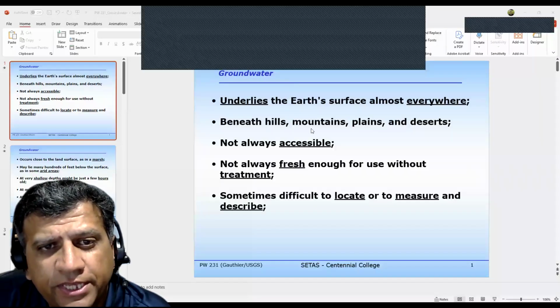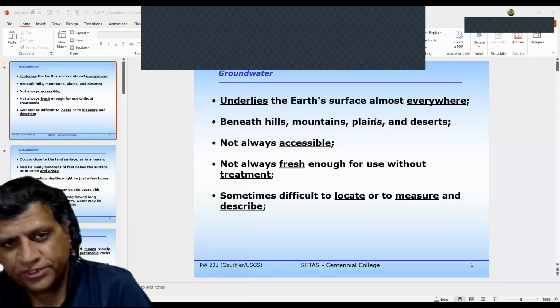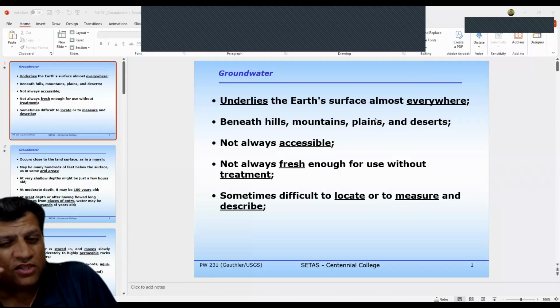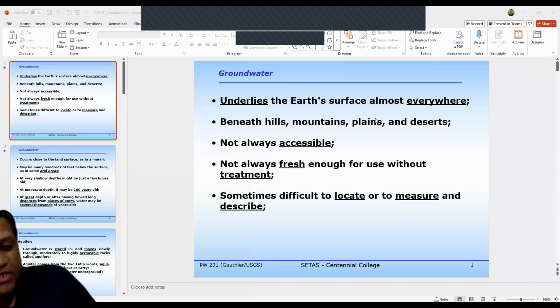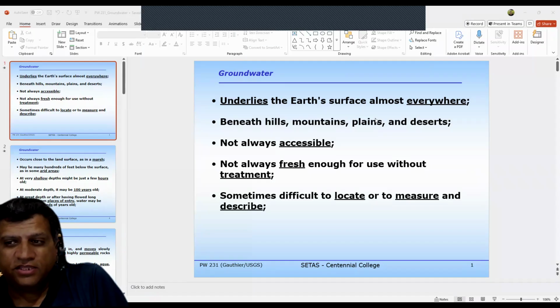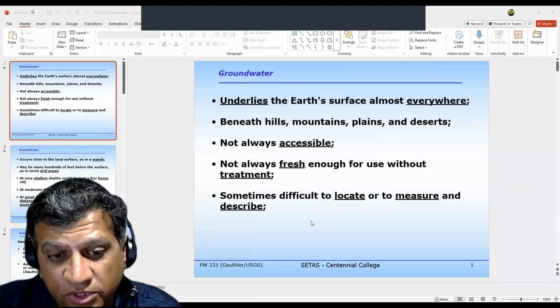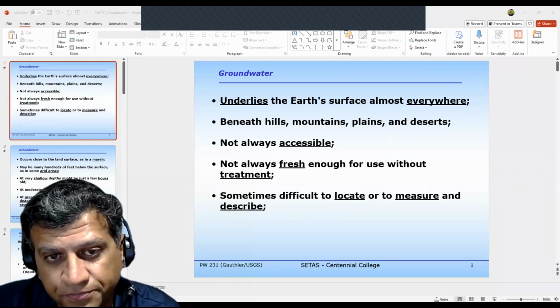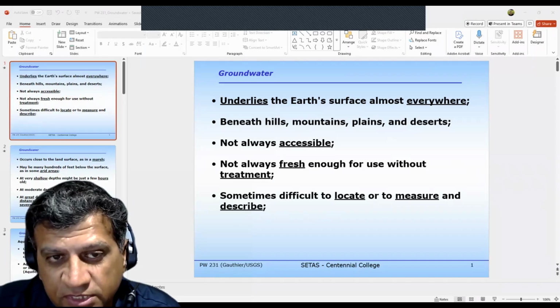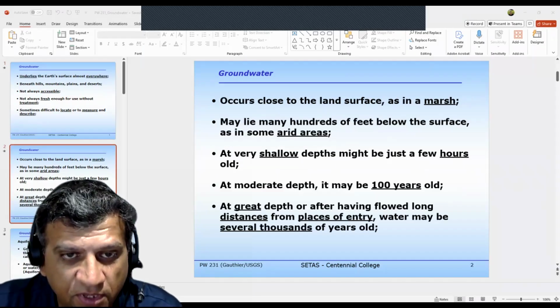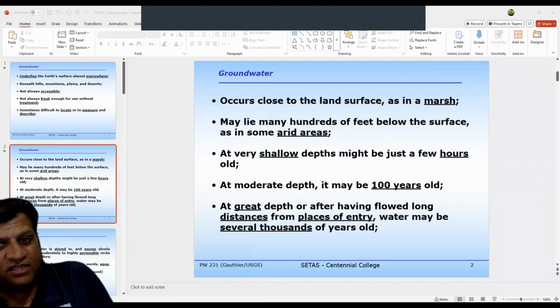The groundwater basically underlies the Earth's surface almost everywhere, but it's still not always accessible. And sometimes it's not in the shape that it can be drinkable or usable, potable. Sometimes it's kind of difficult to get to, or maybe it's right next to the land surface.